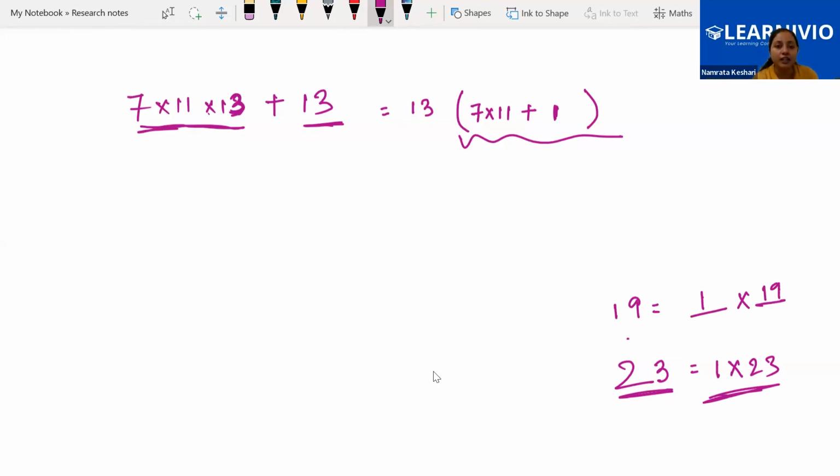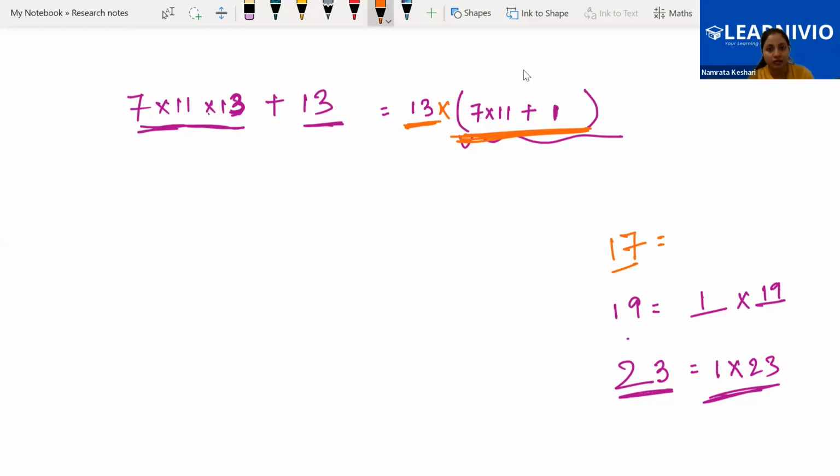But here we are getting two different numbers, 13 and one more number. Two different factors apart from 1 and the number itself. So we can say it's not a prime number, it's a composite number. Yes or no? In the case of a prime number like 17, there is only one way.